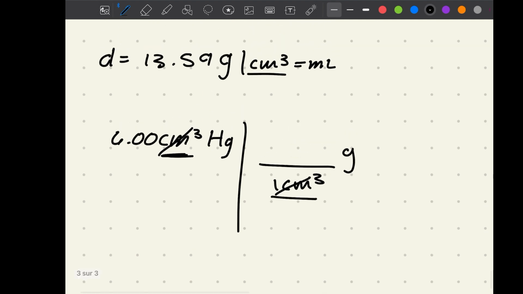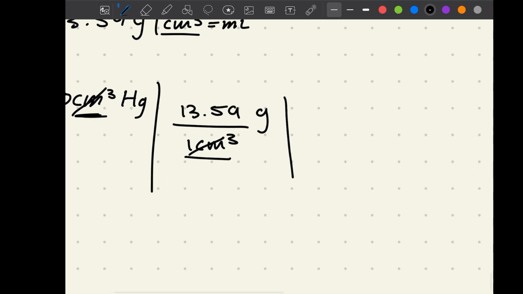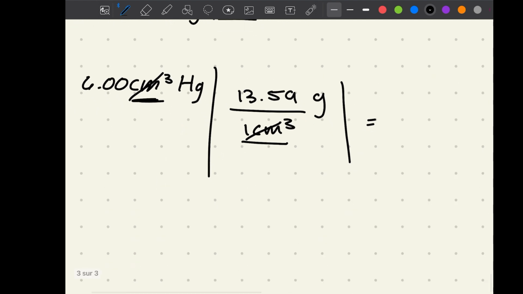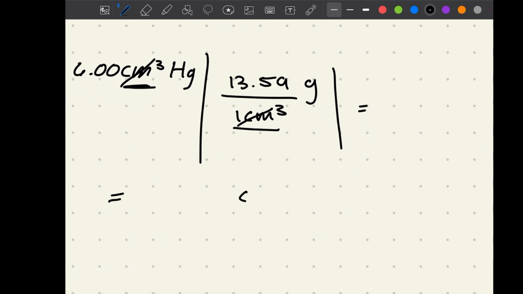For every 1 centimeter cubed of mercury, we will have 13.59 grams of mercury. So using this conversion rate, we find that we have 81.54 grams of mercury.